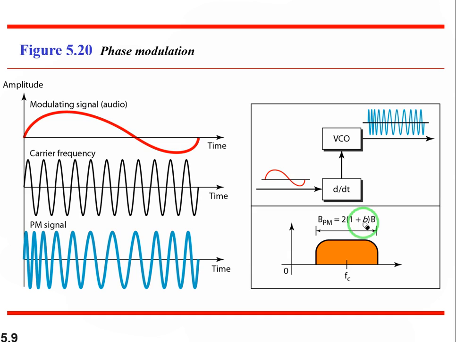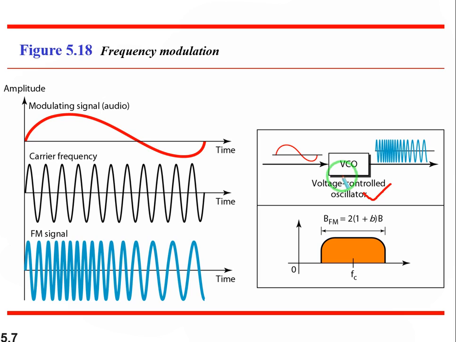The same bandwidth formula as frequency modulation is used here. The one difference between frequency modulation and phase modulation is the derivative. If you compare, this is frequency modulation: we have just a voltage controlled oscillator without any extra thing added.